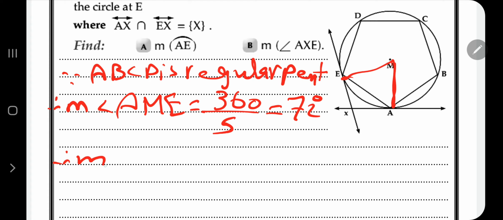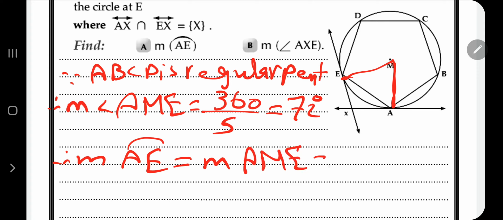That means measure of arc AE equals measure of angle AME equals 72 degrees.